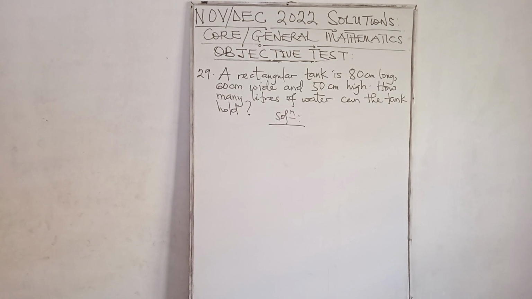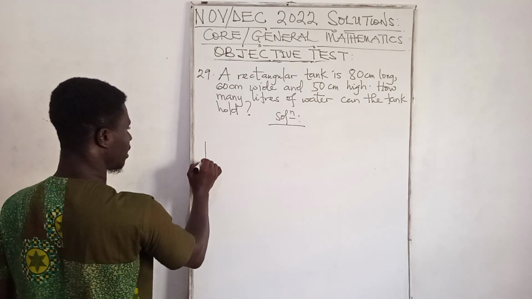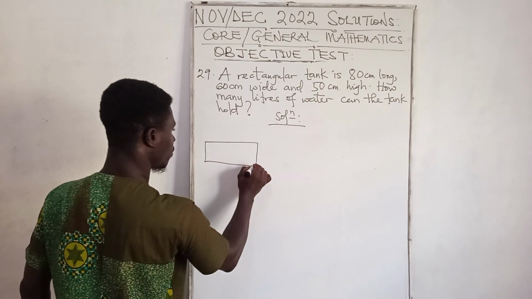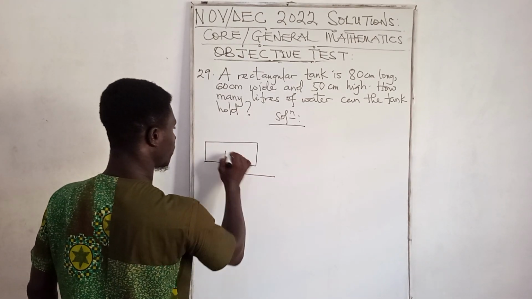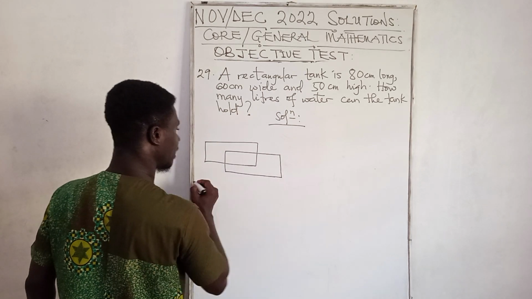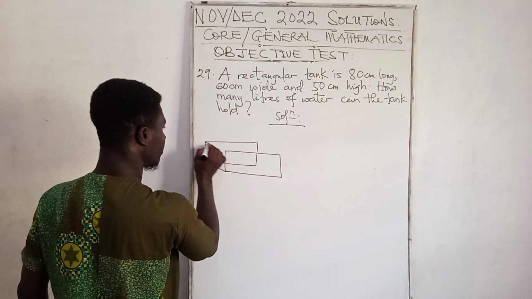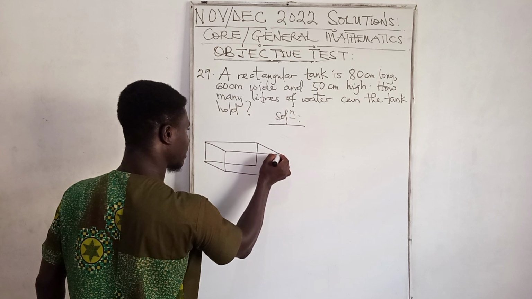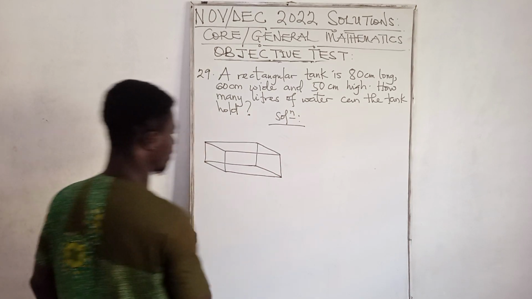So our last but one question, which is question 29. A rectangular tank is 80 centimeters long. So I can draw my rectangular tank, or we can say a rectangular box, right? This time around, it's a tank, not a box.